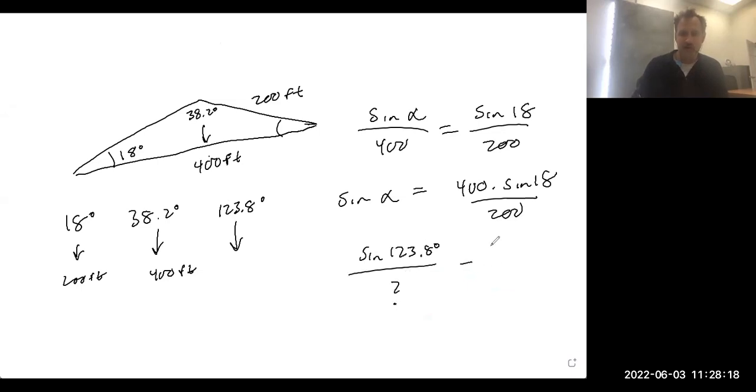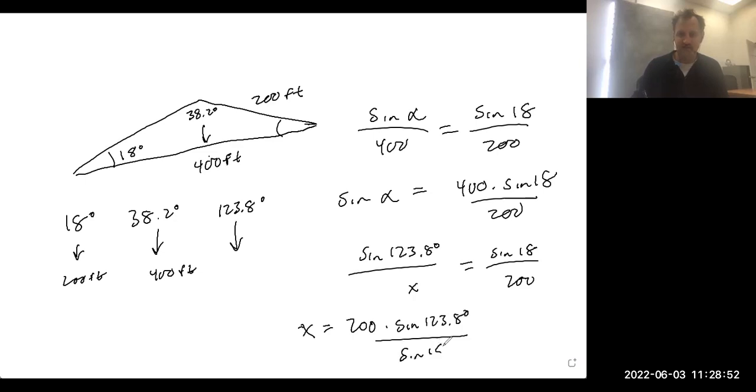Question mark, or x, equals sine of 18, 200. And so we're going to multiply, divide. So let's call this x. X equals 200 times sine 123.8 divided by sine 18.